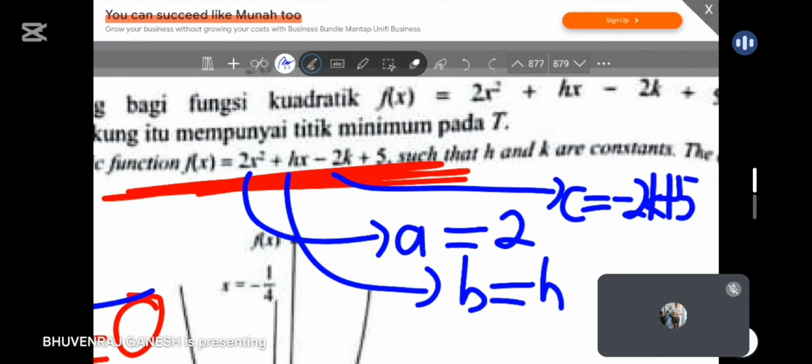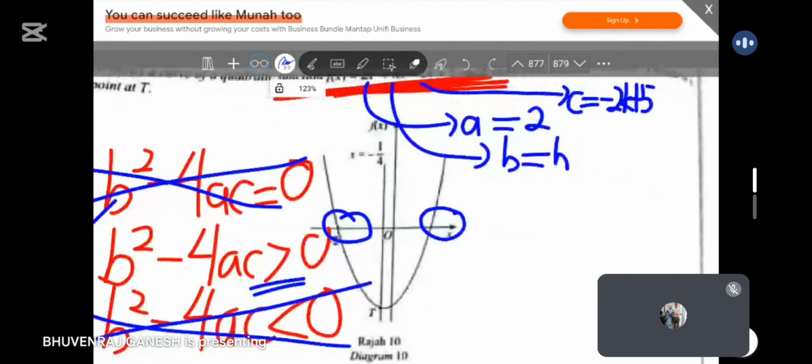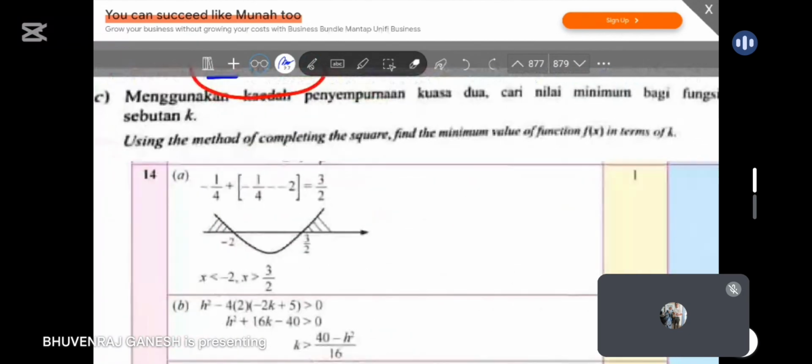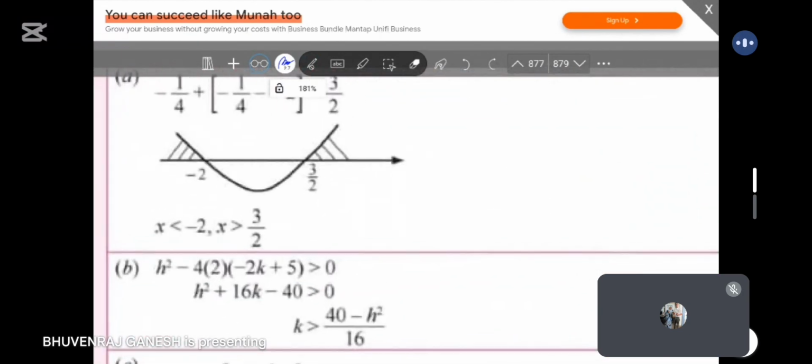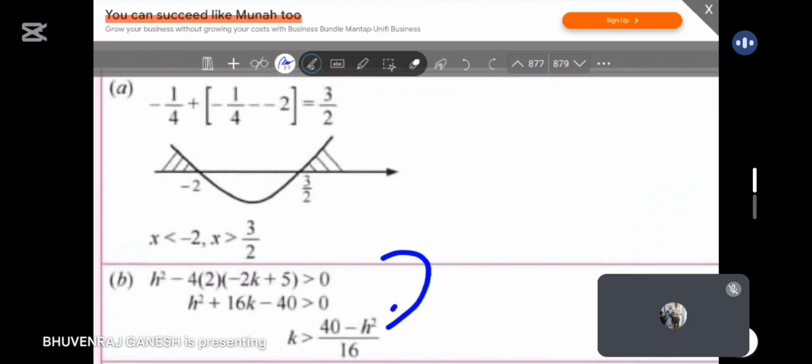Okay, so you just have to substitute all this value in B square minus 4AC lebih besar dari kosong, and then you just try to rearrange the equation and you express K in term of H. Okay, ungkapkan K dalam sebutan H and you will be able to prove already.